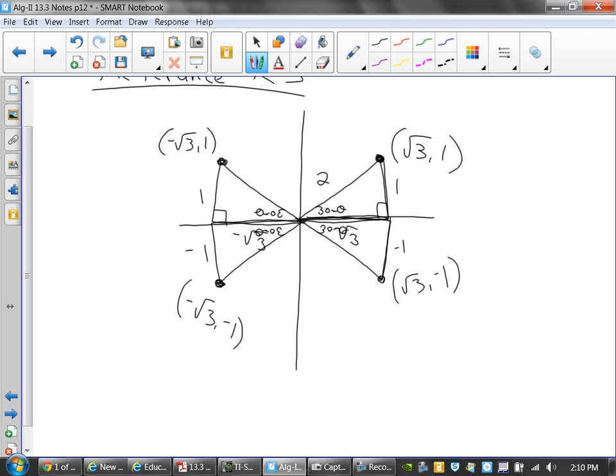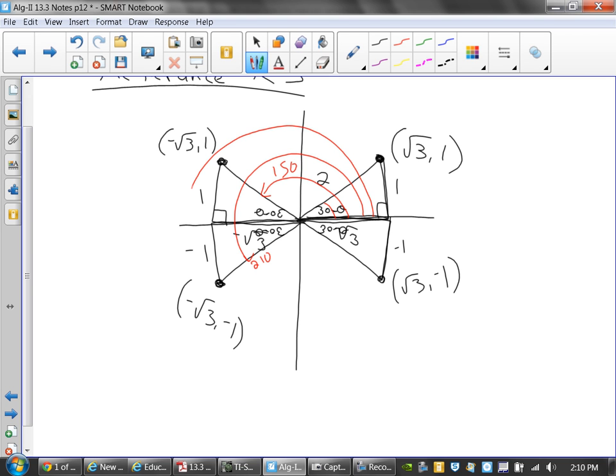But as you go through this, this angle is 30. This angle is how much? 150. This angle is how much? 210.